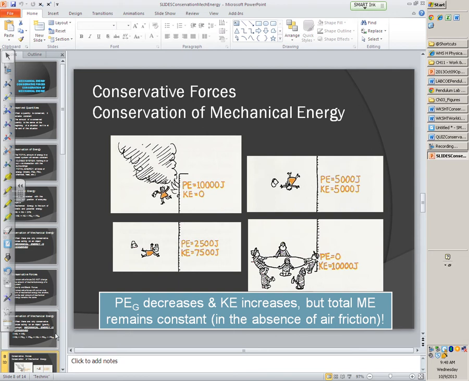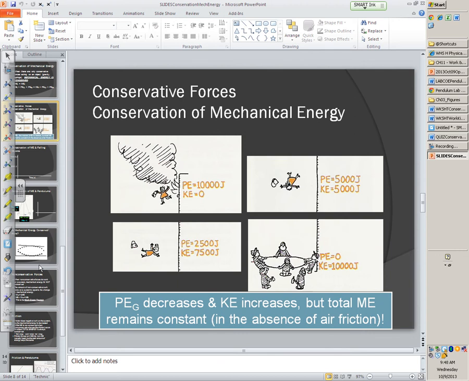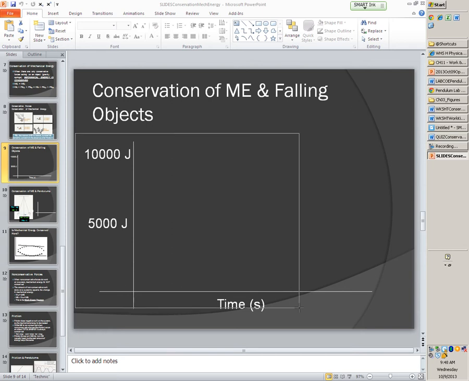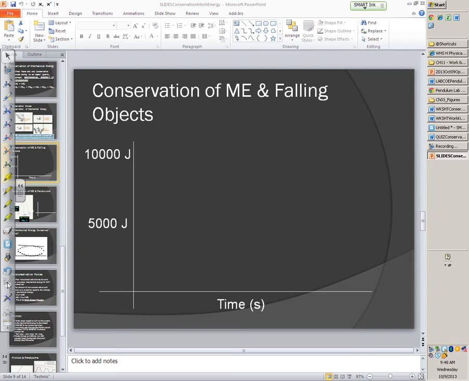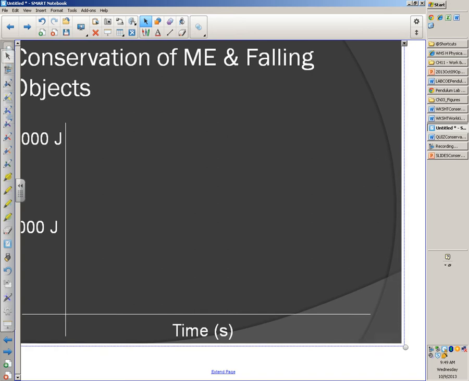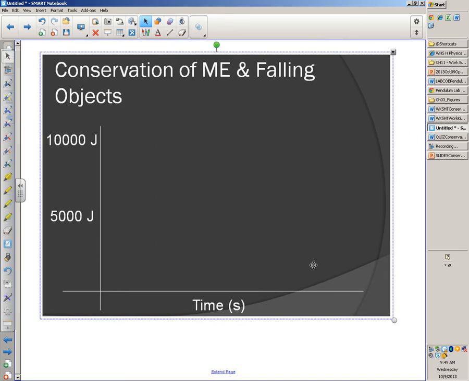On your outline, there is this graph that is labeled Conservation of Mechanical Energy in Falling Objects. So, let's talk about the mechanical energy of that lady as she falls.